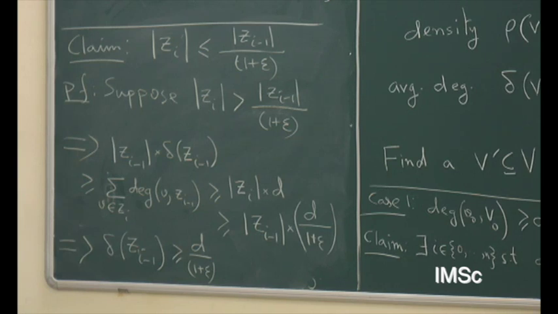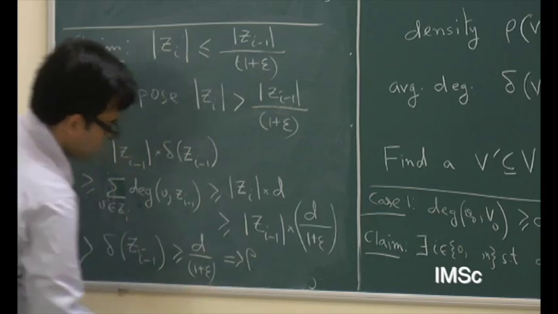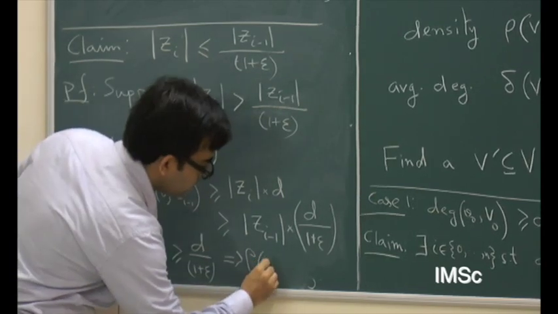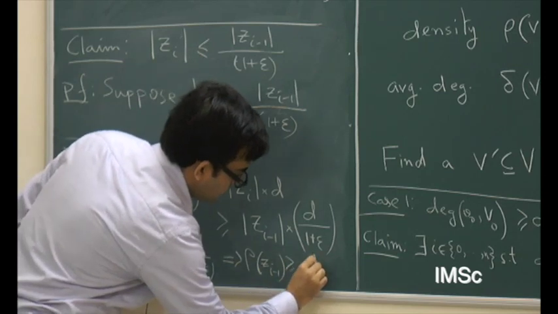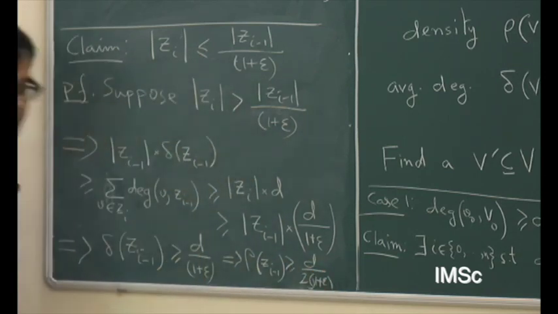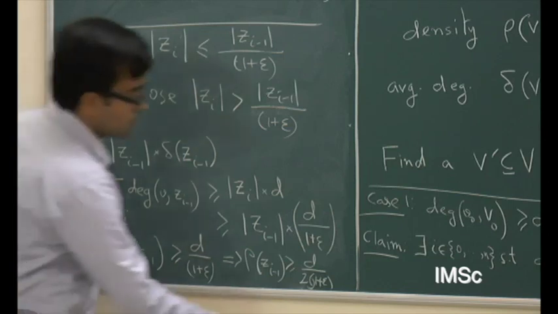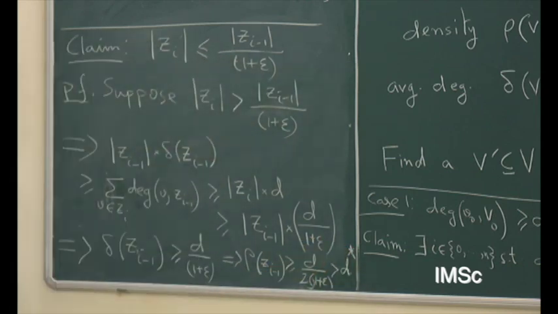Okay. What does this mean? The density of Zi minus 1 is, and this is greater than d star. A contradiction.